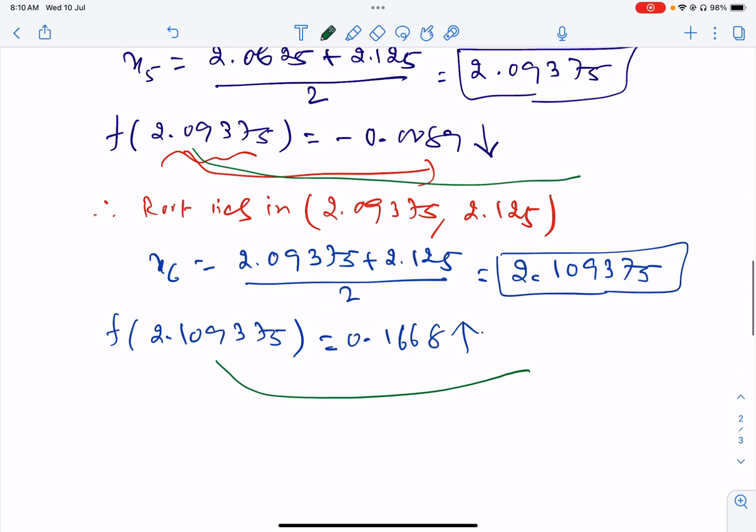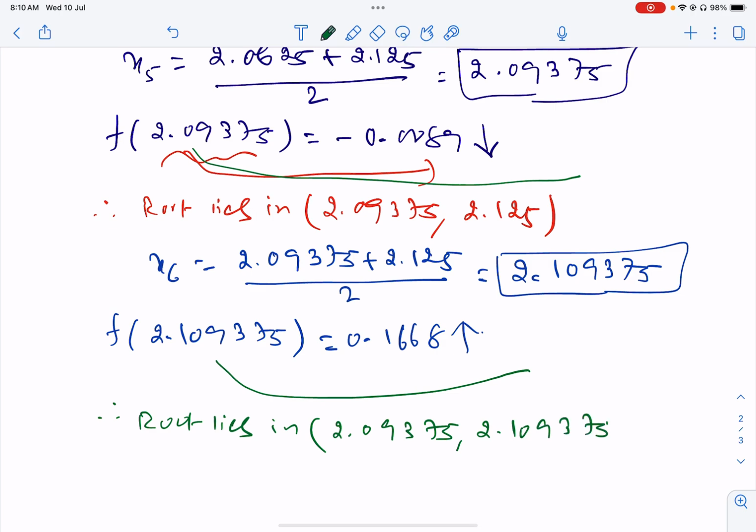So the next step: this is positive and the other one is negative. So now the root lies between 2.09375 and 2.109375.